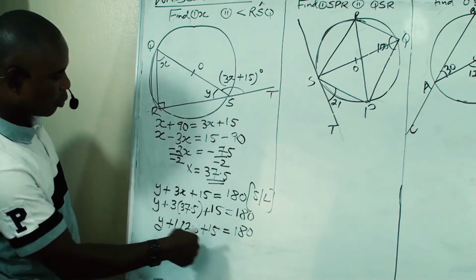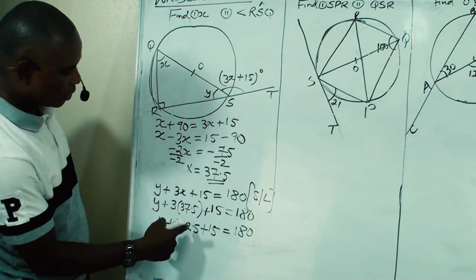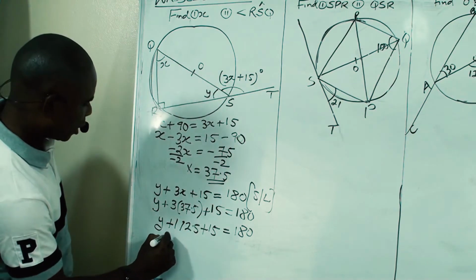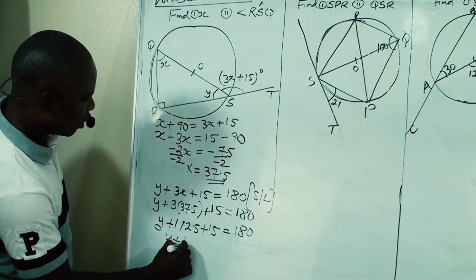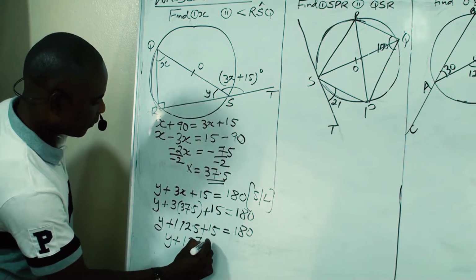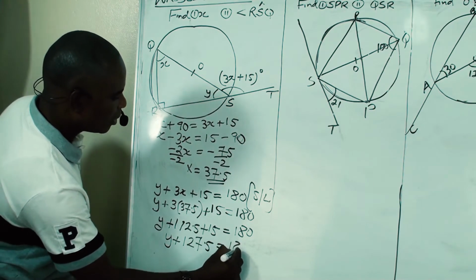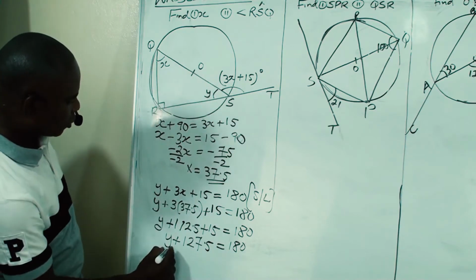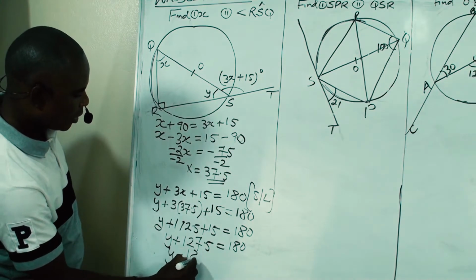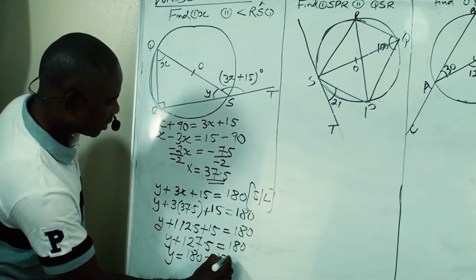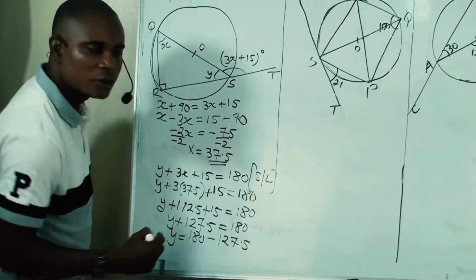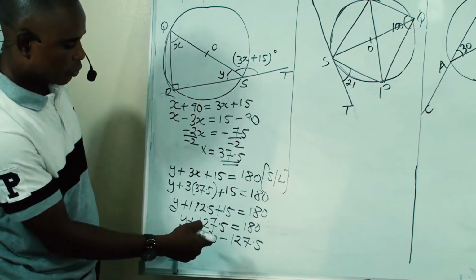So now if I transpose that, I'll have y plus 127.5 is equal to 180. So watch this. y equals 180 minus 127.5. Check the subtraction there.